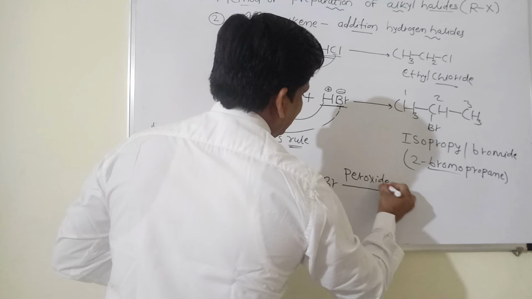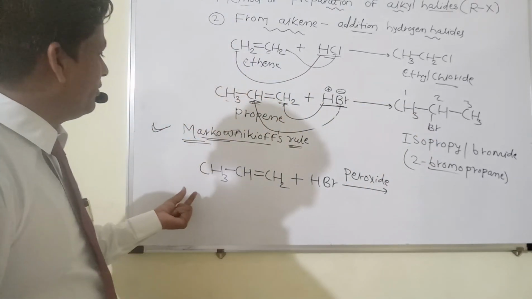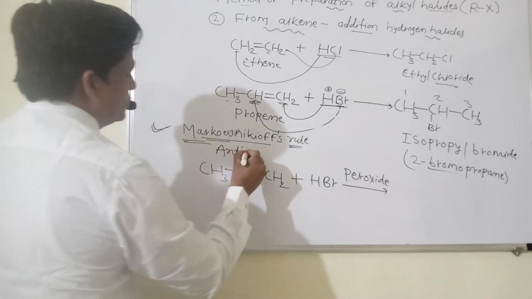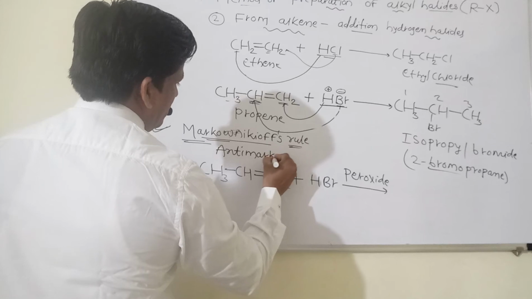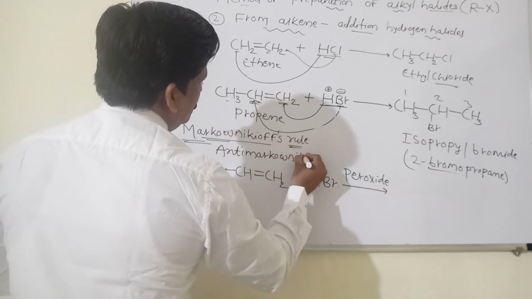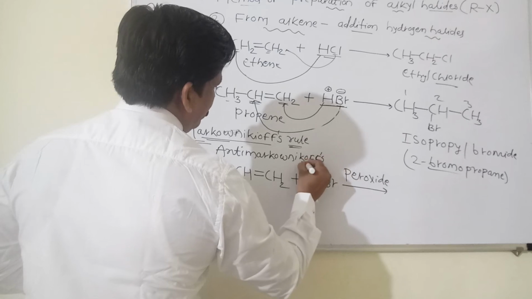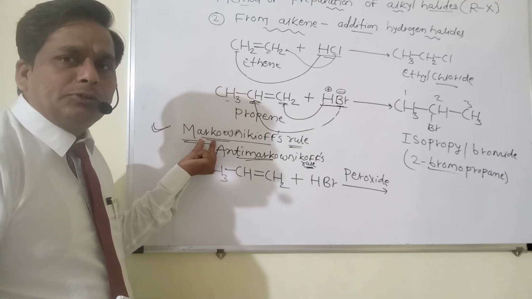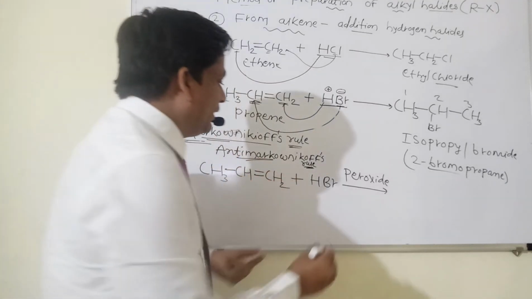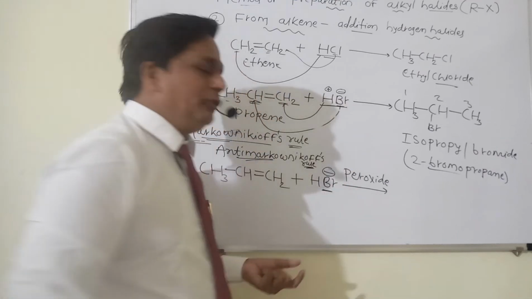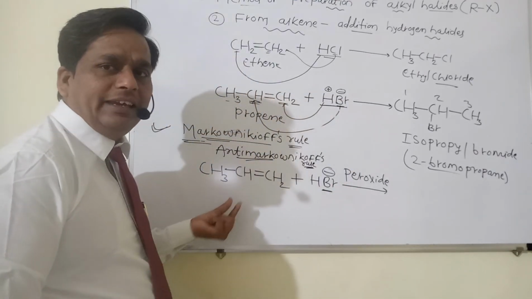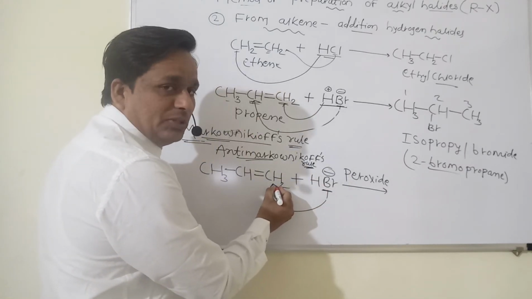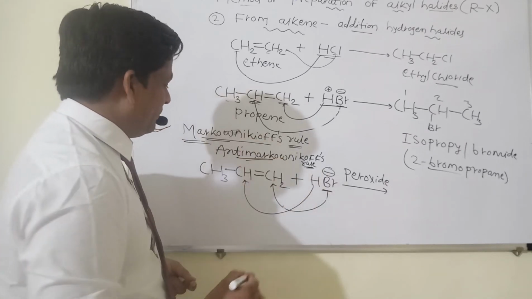In the presence of peroxide this reaction is carried out, and then it follows the anti-Markownikoff rule, which is opposite to the Markownikoff rule. Here the negative part of the reagent gets attached to the alkene carbon which carries the more hydrogen atoms. That means the bromine is going to attach to the CH2 and hydrogen is going to attach here.